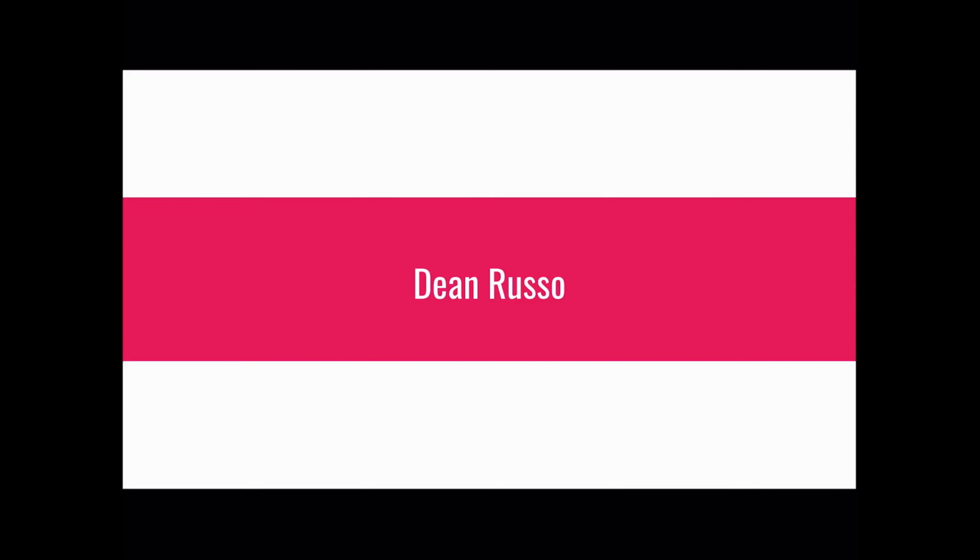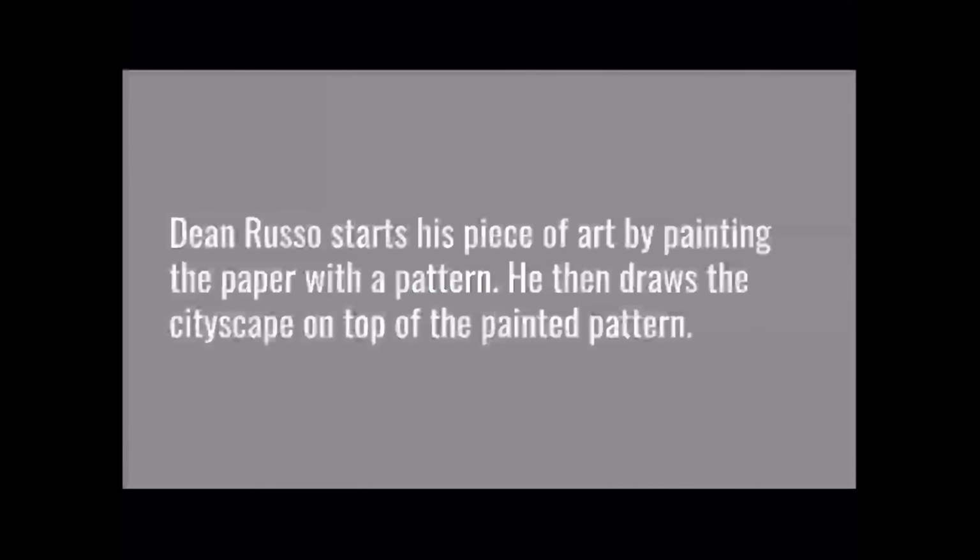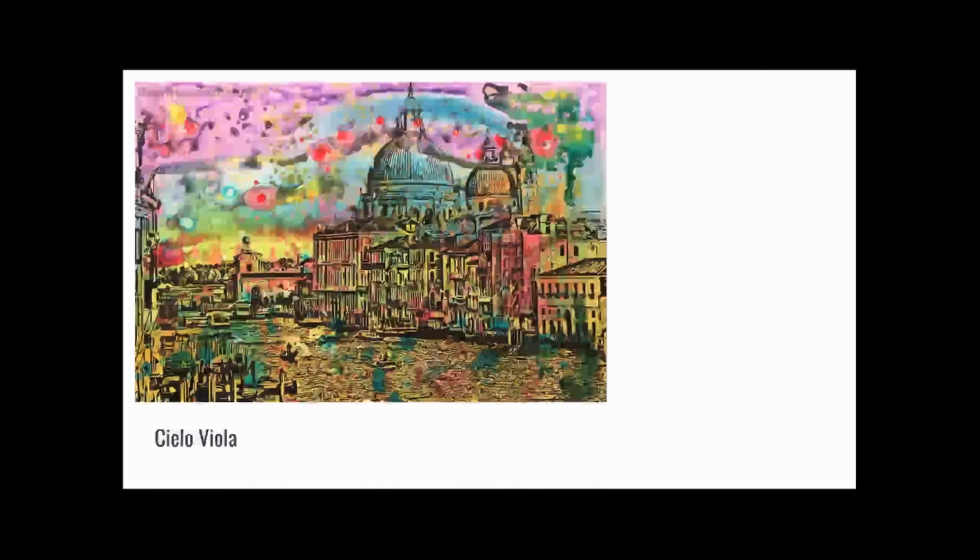So I wanted to still include his paintings. He'll often start his works of art by painting the paper with a pattern and then drawing the cityscape on top of that painted pattern.